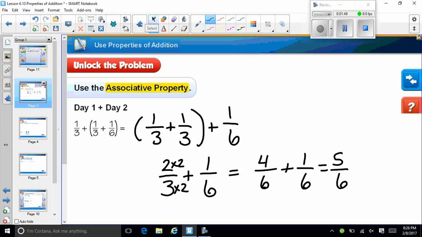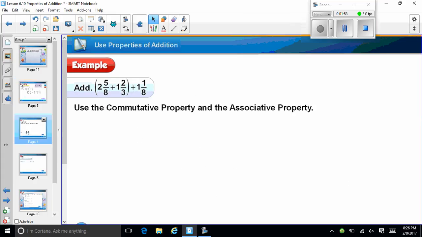Let's look at another example. In this particular problem, I want to use the commutative property and the associative property. The commutative property allows us to change the order of my numbers, and then the associative property is regrouping them.